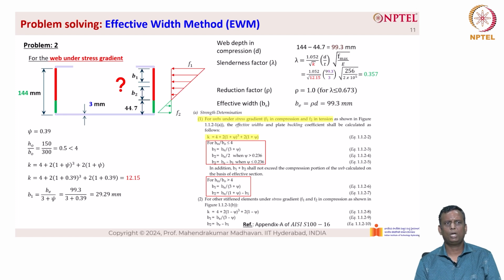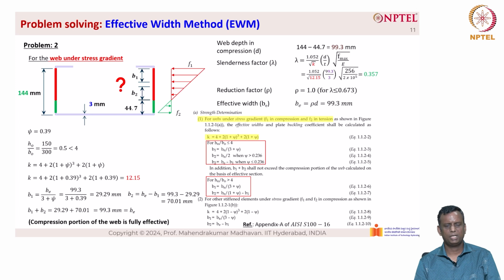So we have B1 equal to 29.29 millimeters. B2 equals BE minus B1, which gives a value of 70.01 millimeters. So B1 plus B2 equals 29.29 plus 70.01, which is equal to the total B effective, 99.3 in the compressive zone. So the compression portion of the web is fully effective.